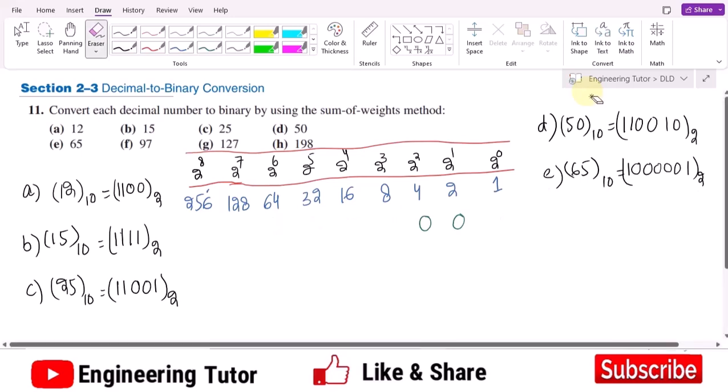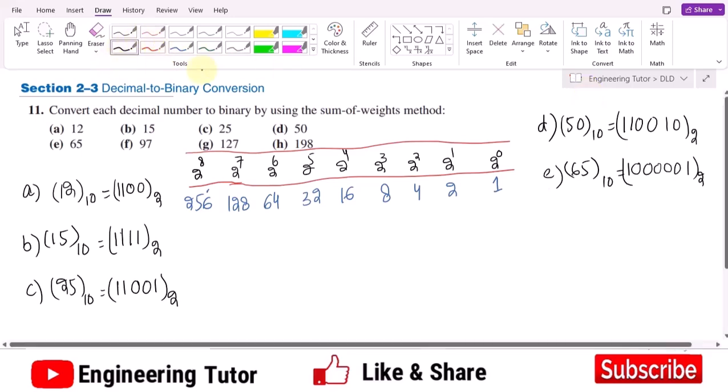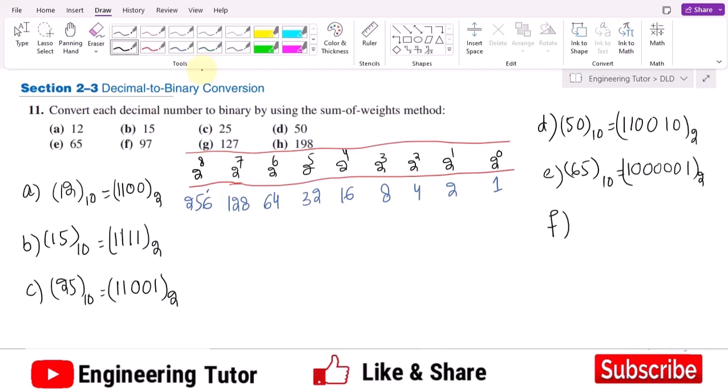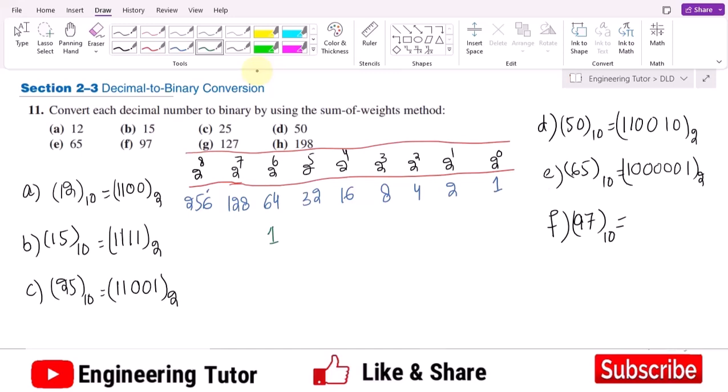Okay, so part E. Similarly, part F. What is part F? Part F contains 97 in decimal, sorry. So now the highest possible number here is again 64. So 97 minus 64 is how much?